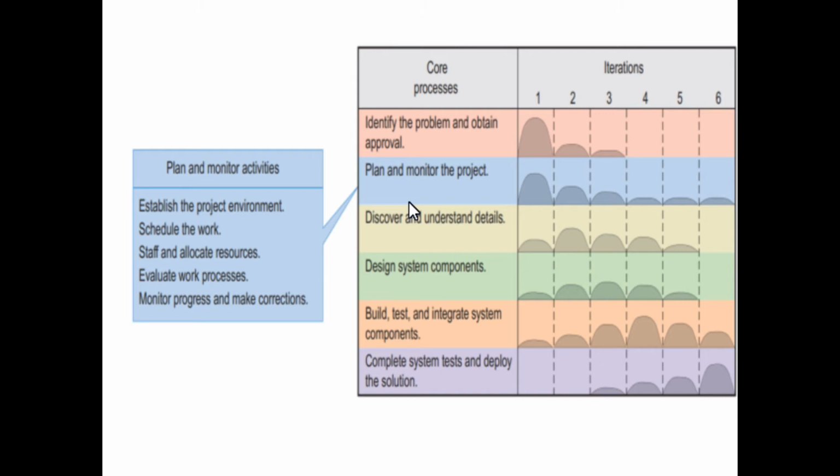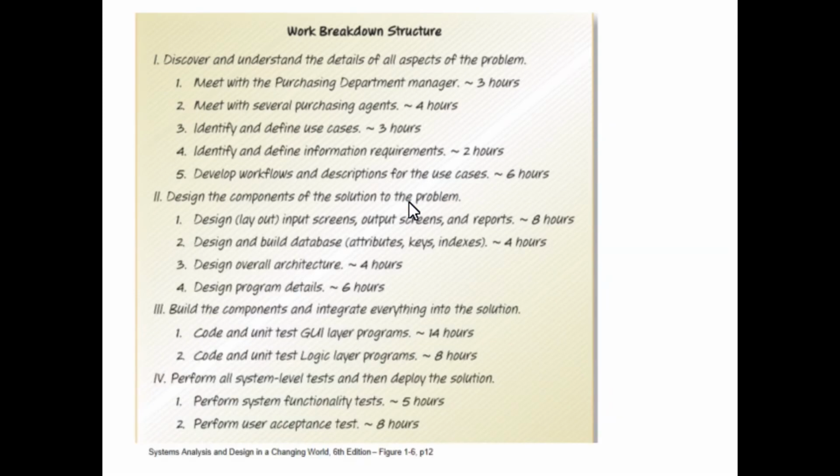An example would be a work breakdown structure, in which you identify the functional areas and then the activities involved in those functional areas, and then the durations that are expected.